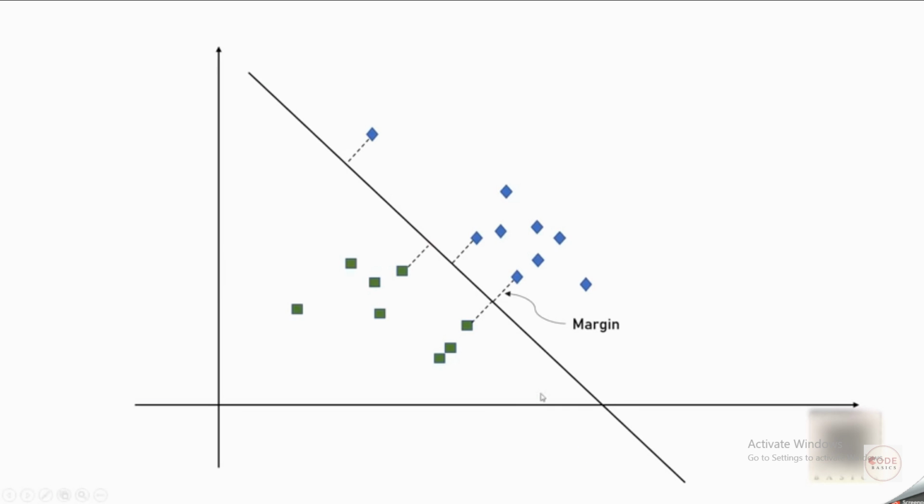So those dotted lines basically represent the margin and the black line represents the decision boundary, and those blue and green color boxes represent the support vectors which are lying closer to the hyperplane. So these are the support vectors.